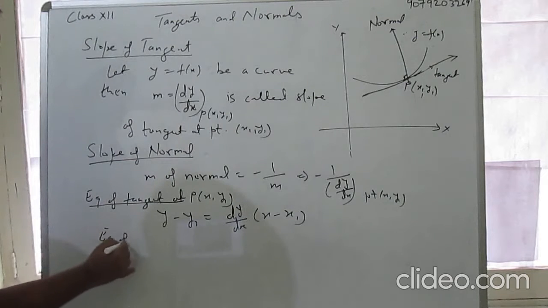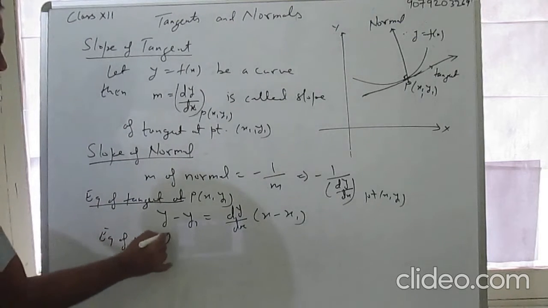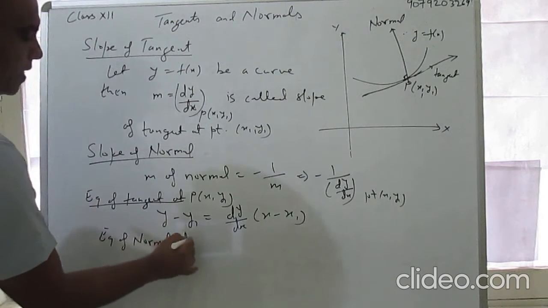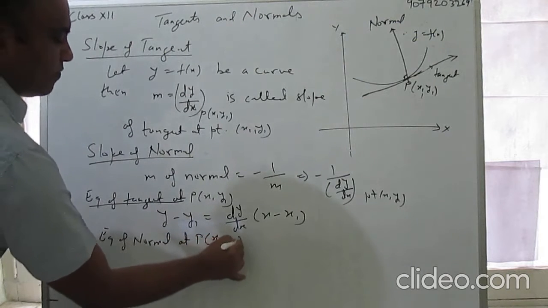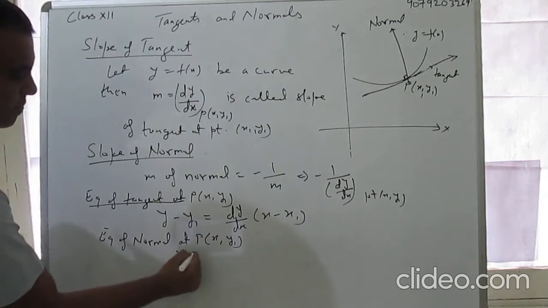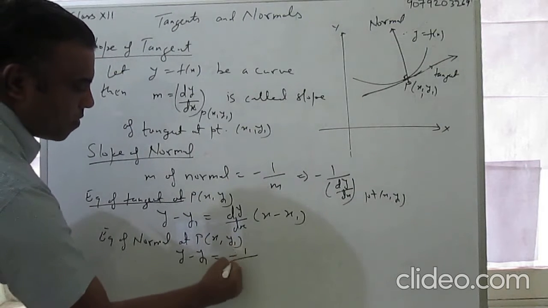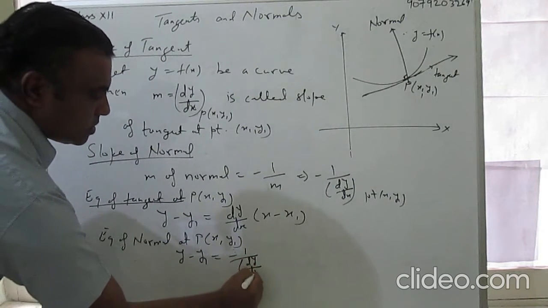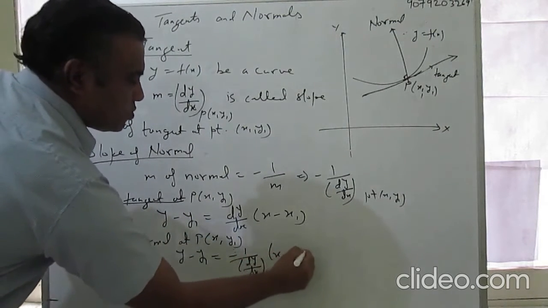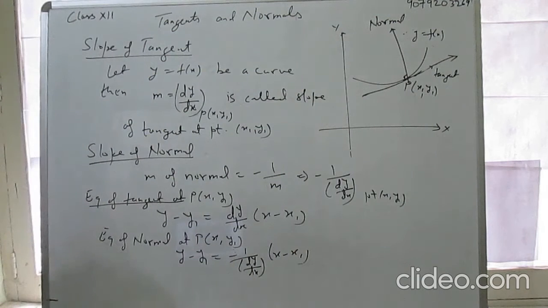Equation of normal at point x1, y1, it is y minus y1 is equal to minus 1 upon dy by dx into x minus x1. So slope of tangent, slope of normal, equation of tangent, equation of normal.